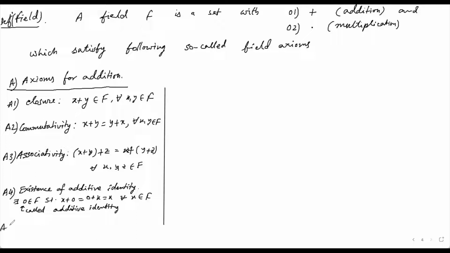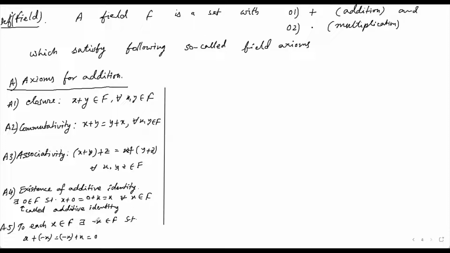Axiom 5 is the existence of additive inverse. It says that to each x in F, there exists an element, which we denote by minus x, belonging to F such that x plus minus x equals minus x plus x, which is equal to 0.